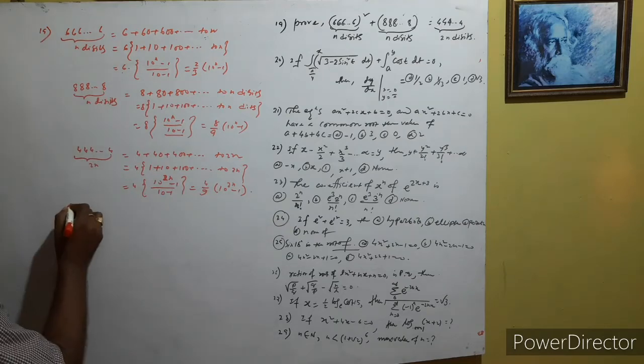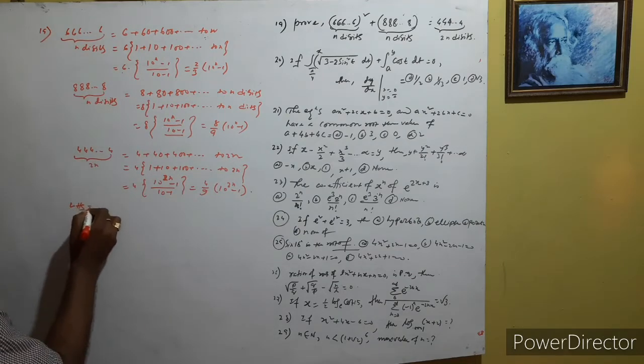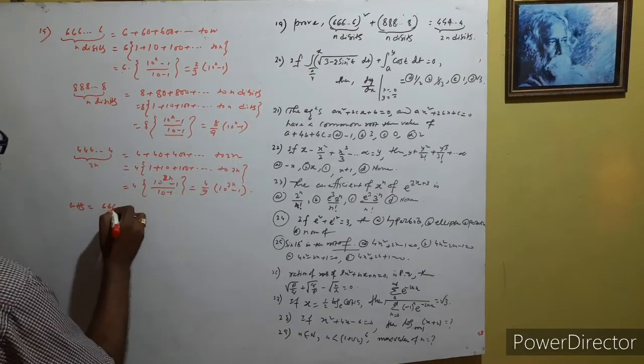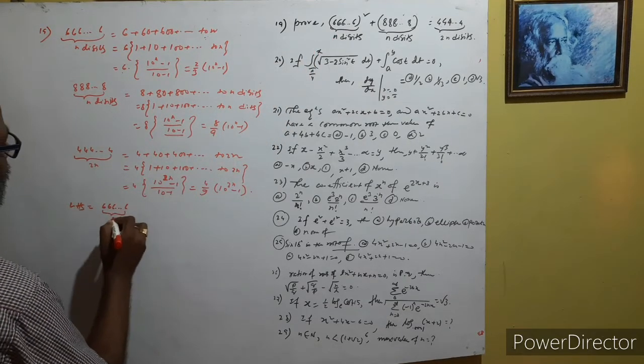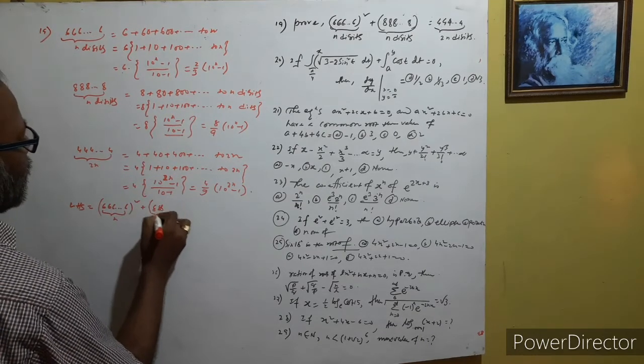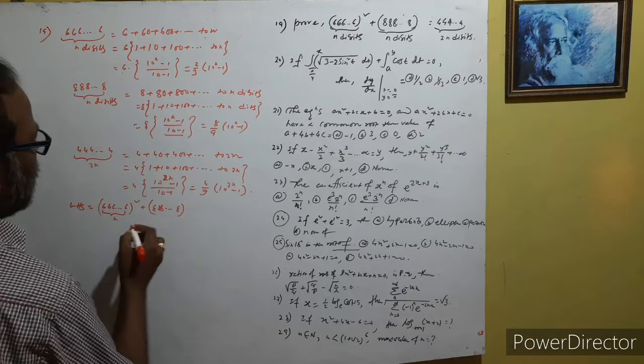Okay, left hand side is 666...6 n digit whole square plus 888...8.